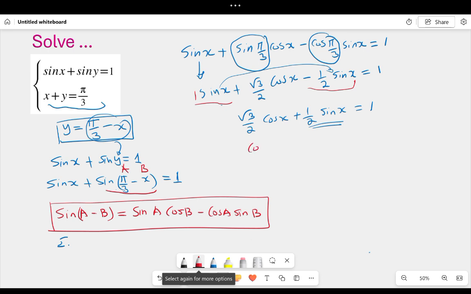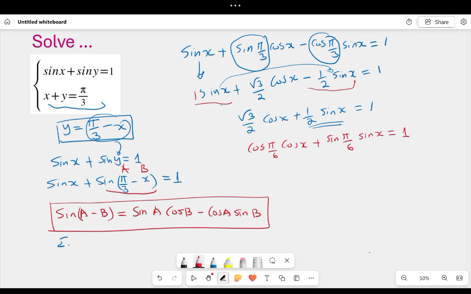So, this is going to be cosine pi over 6, cos x. Then plus 1 over 2 is the same as sine pi over 6. Pi over 6. And then you have sine x is equal to 1.